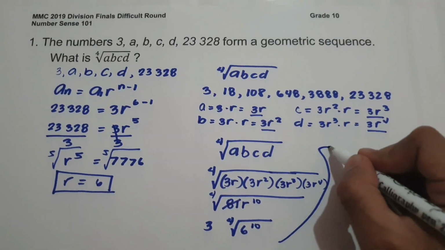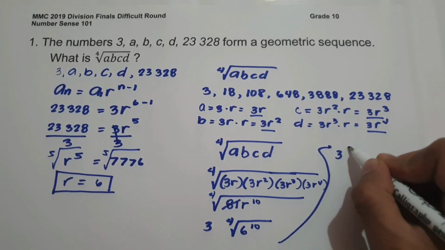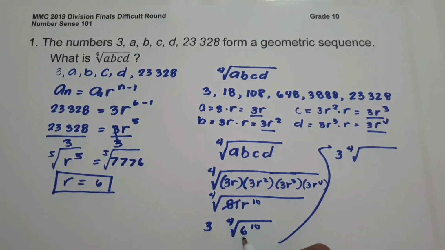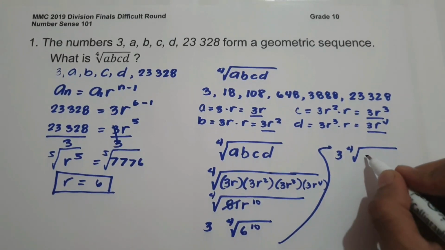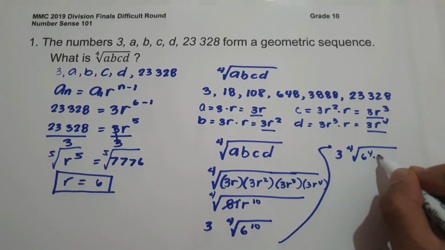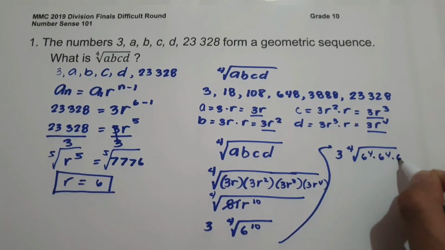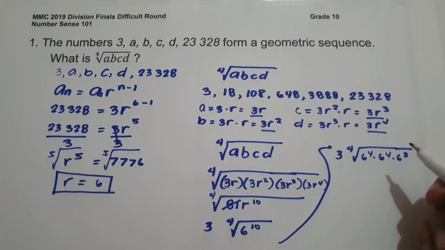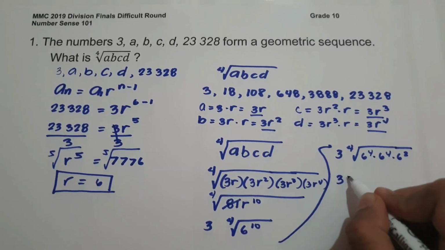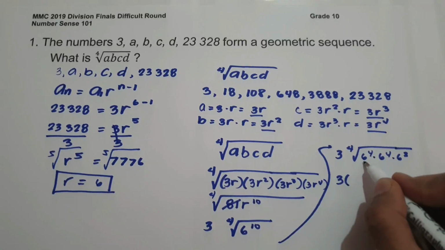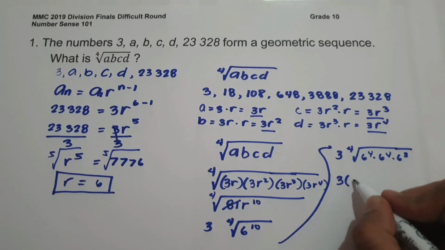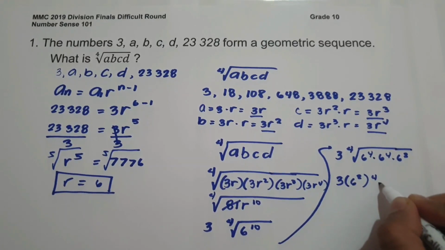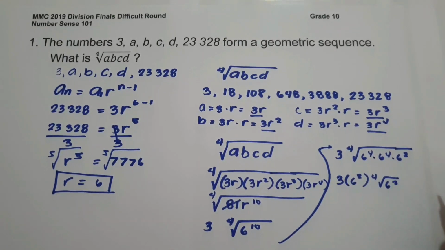So let us have now 3 times the fourth root of 6 raised to 10. I'm going to separate 6 raised to 10 as 6 raised to 4 times 6 raised to 4 times 6 raised to 2 because the index is 4. So we have now 3, and how many 6 raised to 4 do we have? We have 2. So we have 6 squared outside, and the fourth root of 6 squared remains.